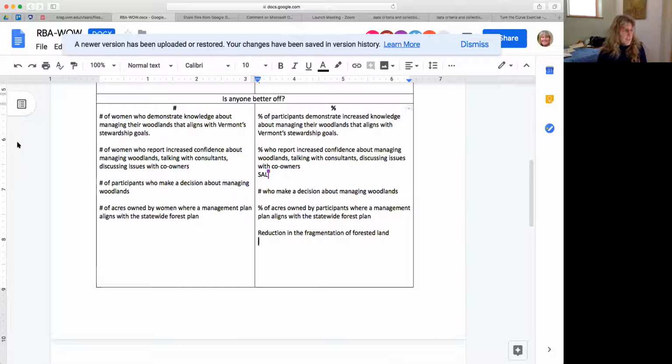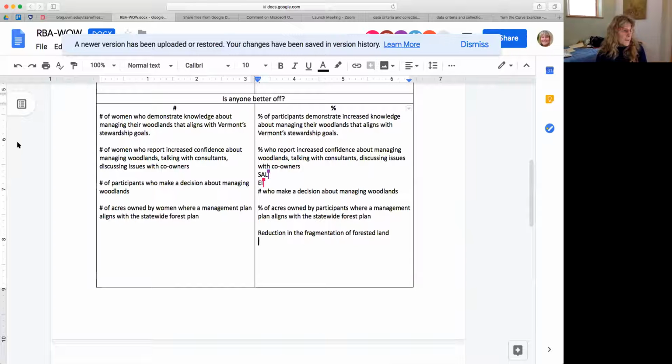There's the increased knowledge about managing their woodlands, with a qualifier that it has to do with the kinds of knowledge that would enable them to be in alignment with these stewardship goals, so that they would show that.